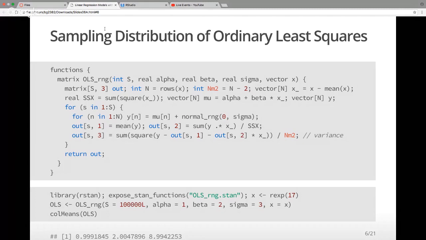And so this is going to be fixed rather than something that frequentists have a prior over, because they don't have a prior over anything. Anyway, we get estimated intercept, estimated slope, estimated variance, do that a bunch of times, return the thing at the end, and this gives us a sense of what the distribution of the OLS estimator is in this case.